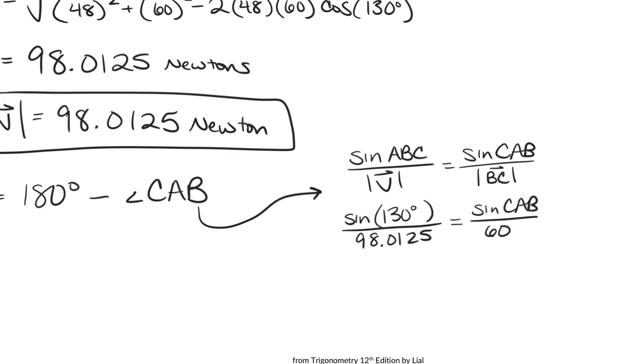After this, we cross multiply and divide. So this would be 98.0125 times the sine of CAB equal to 60 times the sine of 130 degrees. What do I divide by on both sides?